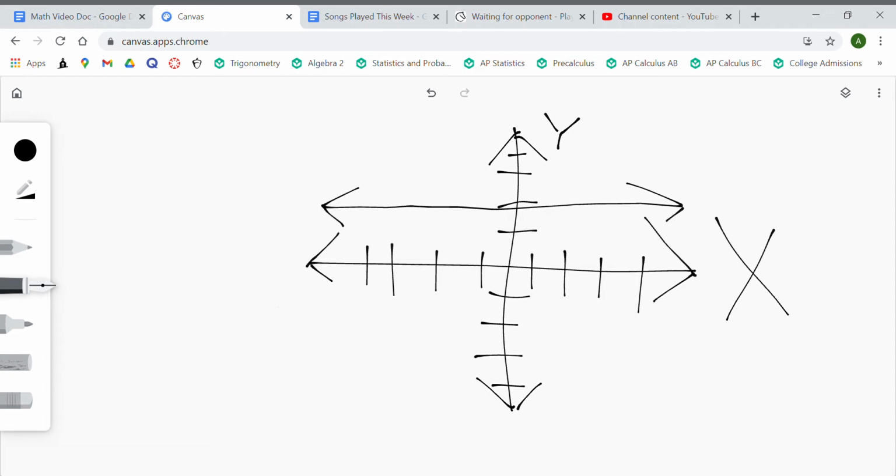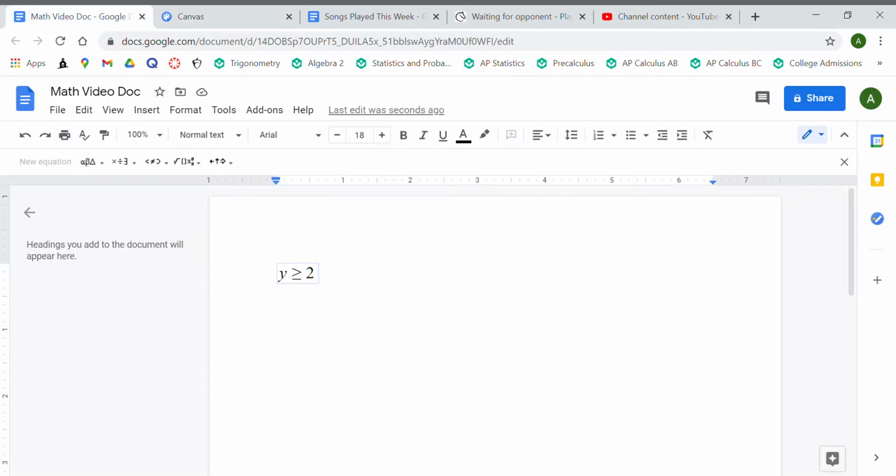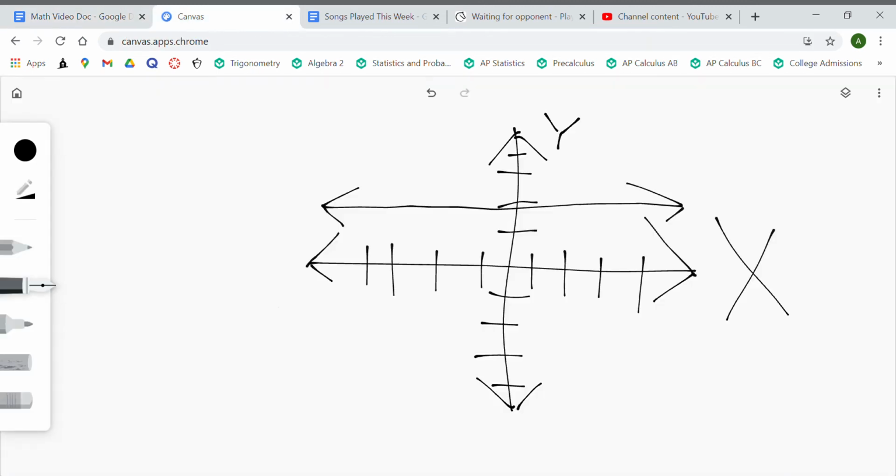And that's it, right? Wrong. Because notice that y can also be greater than 2. So we have to show that perspective of the inequality, that y can be greater than 2. So you have a rule.